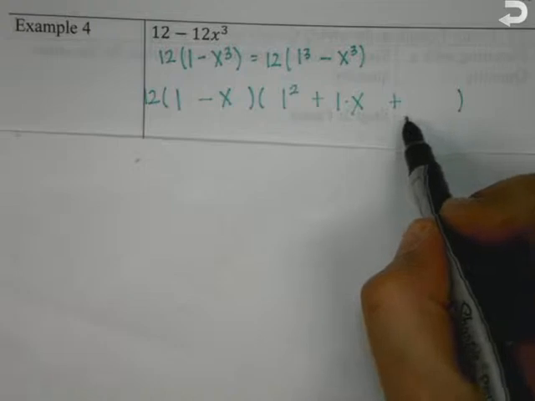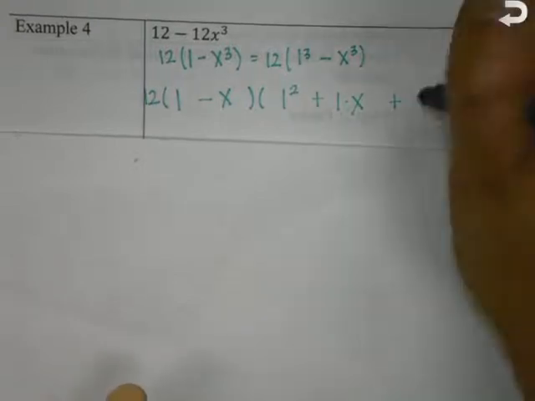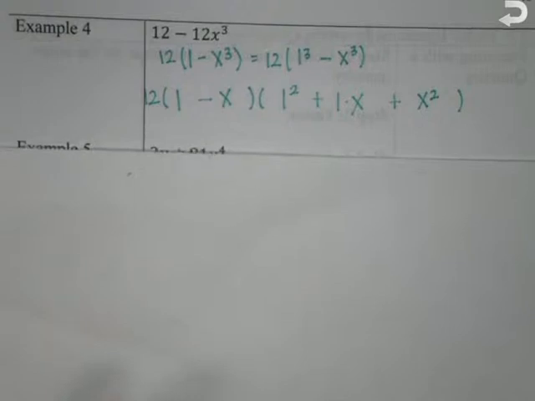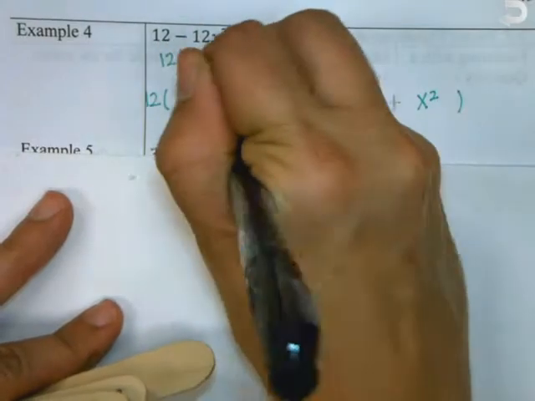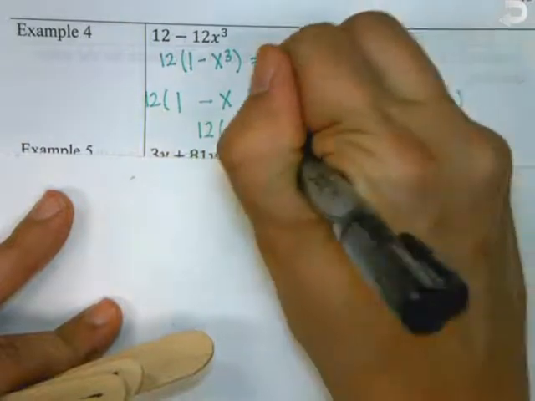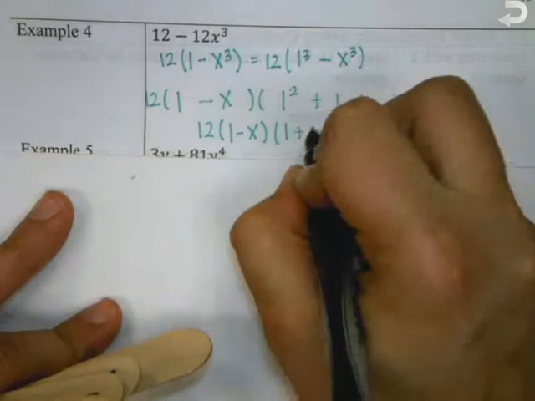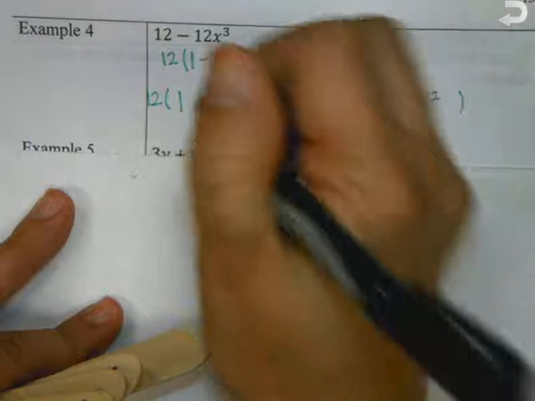Perfect. Okay, now we need to simplify this. So this is going to simplify down to 12 times 1 minus x times 1 squared gives me 1 plus x squared. So that should be my answer. Okay.